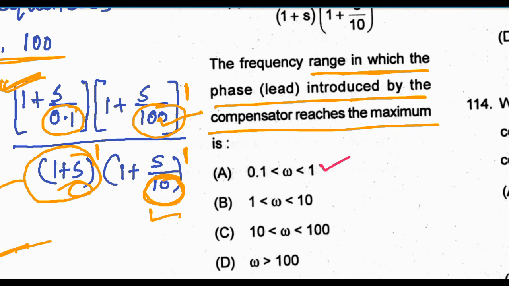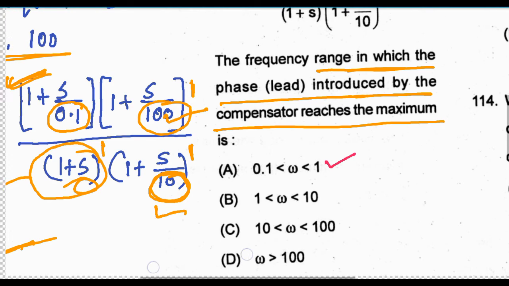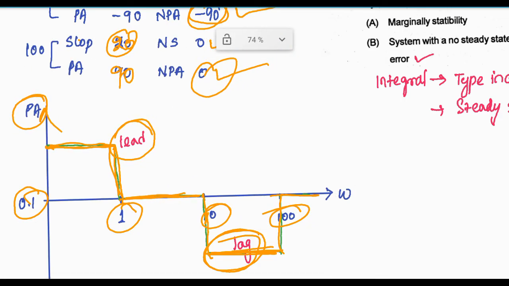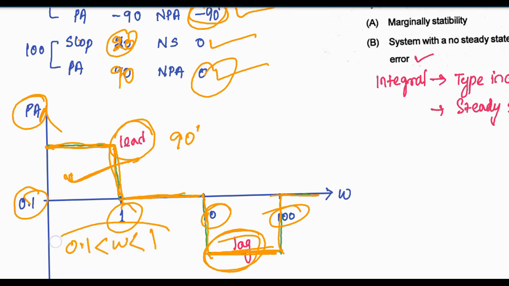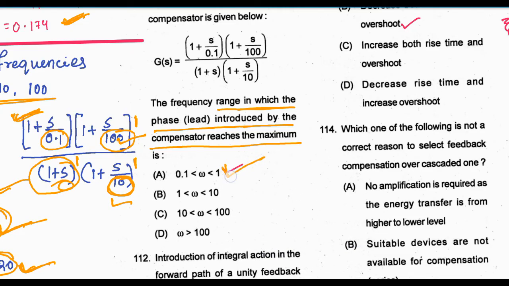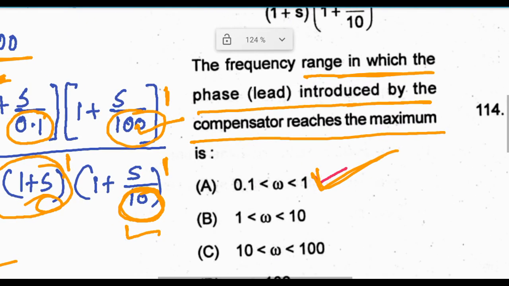You have to find out in which range there is phase lead and what the maximum phase lead is. Only in this section we get phase lead, and it is 90 degrees. The frequency range is 0.1 to 1. In this range, 0.1 to 1, we get the maximum phase lead.